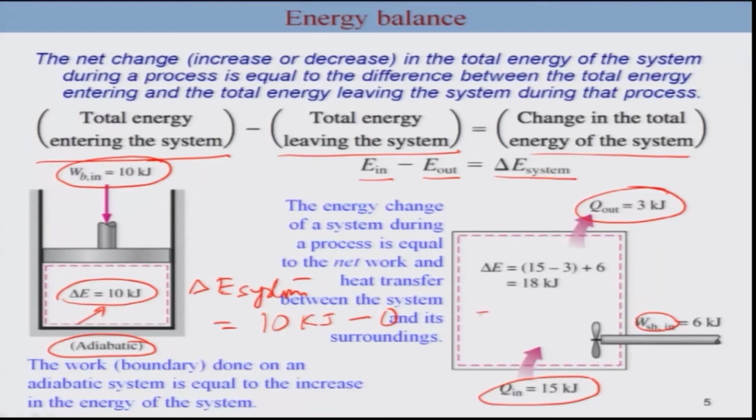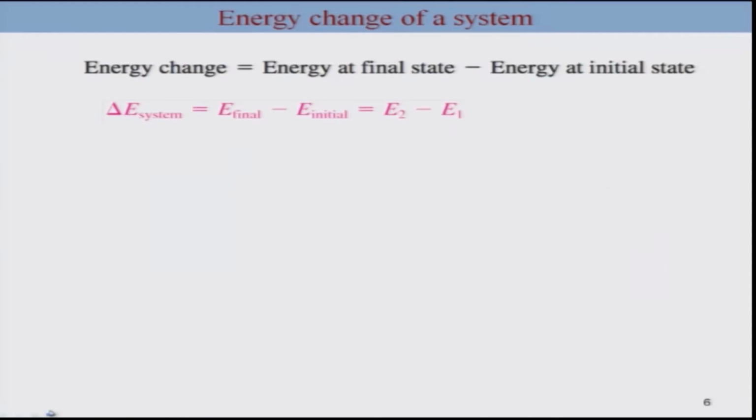Delta E system should be E in, which is Q in plus W shaft in, minus E out, and in this case E out is Q out. So your answer is 15 plus 6 kilojoules minus 3 kilojoules, that should be your 18 kilojoules.